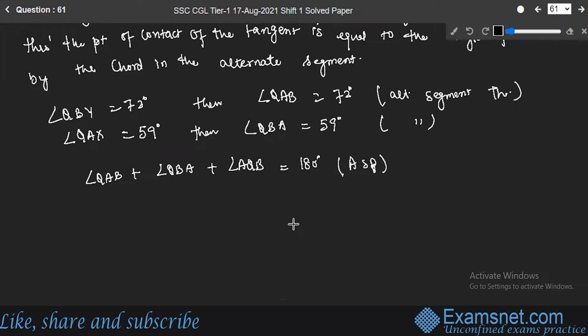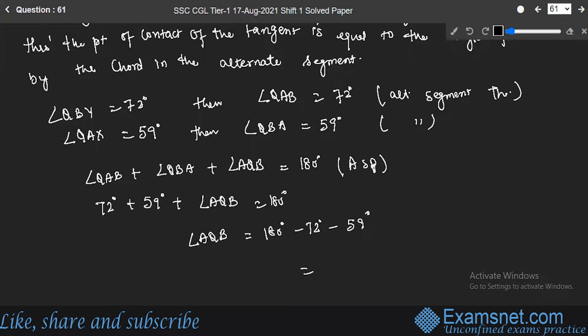You know these two, 72 degrees plus 59 degrees, and you have to find AQB. So angle AQB will be equal to 180 minus 72 minus 59, which is 49 degrees, right? So this is your answer.